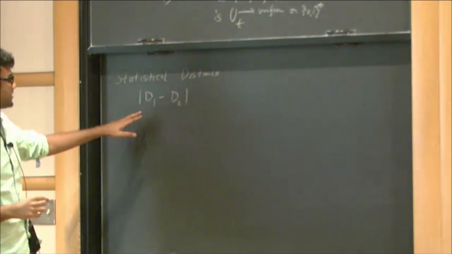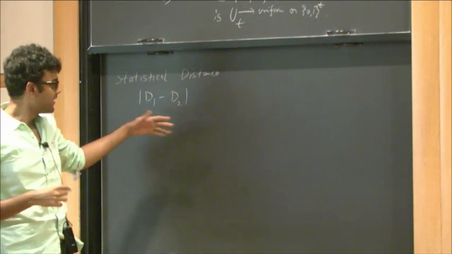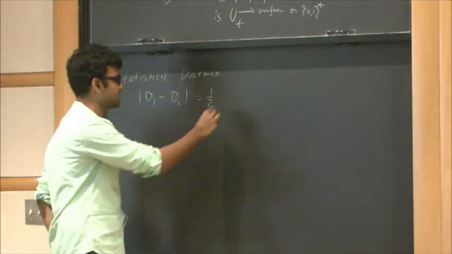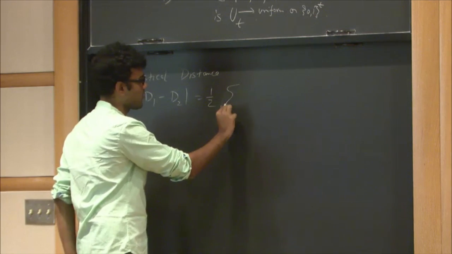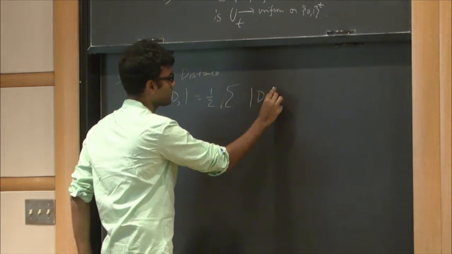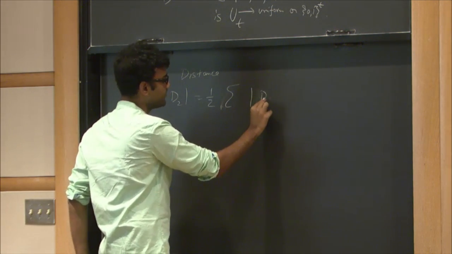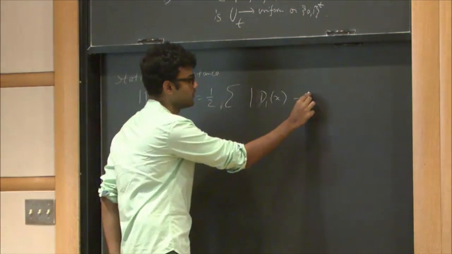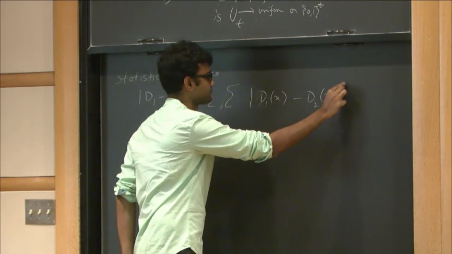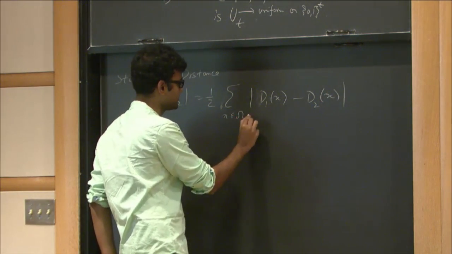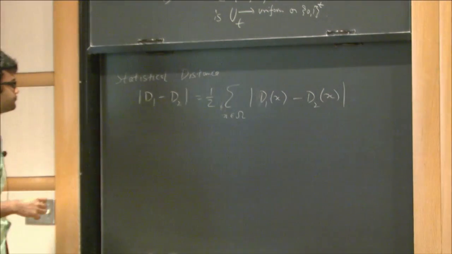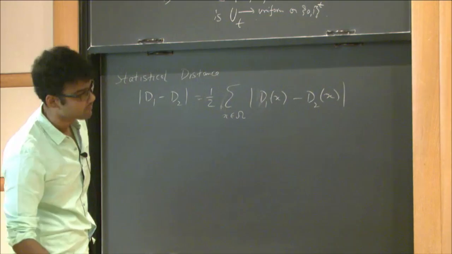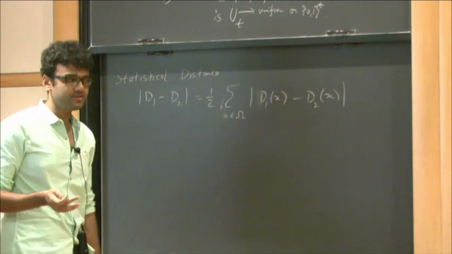This denotes the statistical distance between D1 and D2, and this is defined to be half of the L1 distance of these distributions. So by D1 of x, I mean the probability that D1 is equal to x, where x is in some universal set omega. All right? Okay. So these are the basic preliminaries.